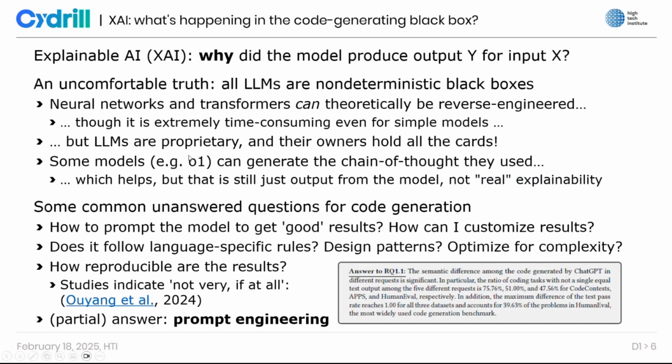This is also sometimes called XAI, which is, well, the X is for explainability. Why do we get the result that we get? And this is a question that we have as programmers because, well, we expect everything to be deterministic and we expect to know exactly why something is happening when the code is generated. Why did it generate this line of code and not that line of code? And unfortunately, almost everything works against us here.